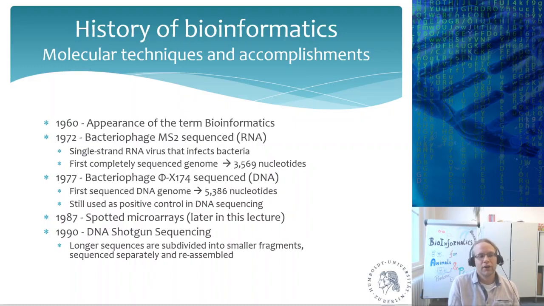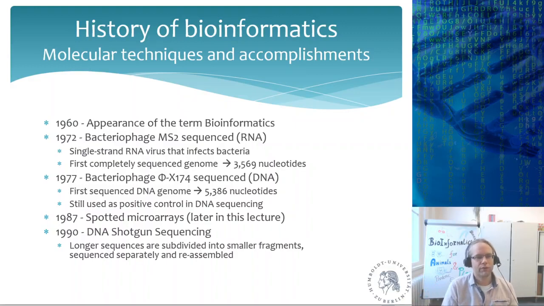The birth of bioinformatics is more or less in the 1960s, when we started having computers available to people at universities, and that's also when we first see the term bioinformatics appearing. The term was coined around 1960, when people in biology were thinking about using these newfangled machines they had available at their universities to analyze data, so computer science together with informatics.